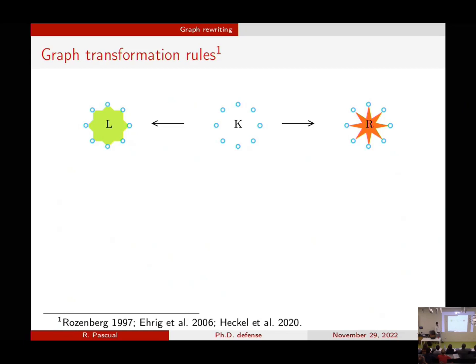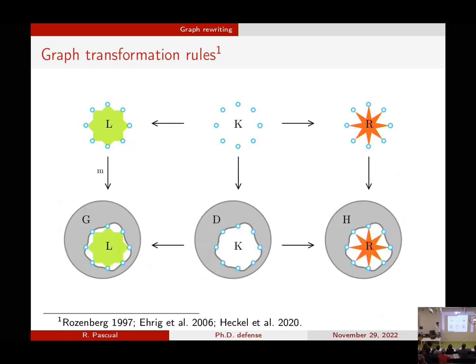So now, if I want to modify a graph, let's say a graph G, I will need to find an occurrence of L in G. So for this, I will use simply a morphism from L to G. And then I will remove everything that is in the left-hand side but not in the interface. The construction is called a push-out. And then I will do another one to add back everything that is in the right-hand side and was not already in the interface.